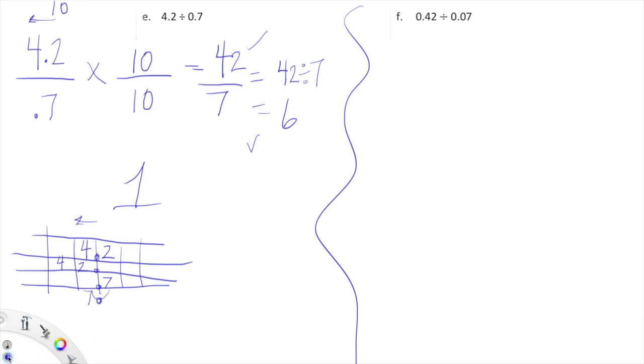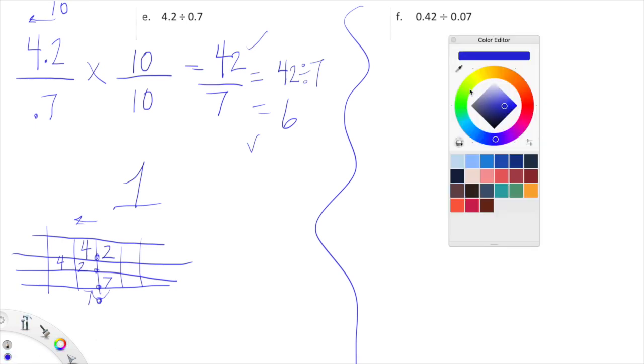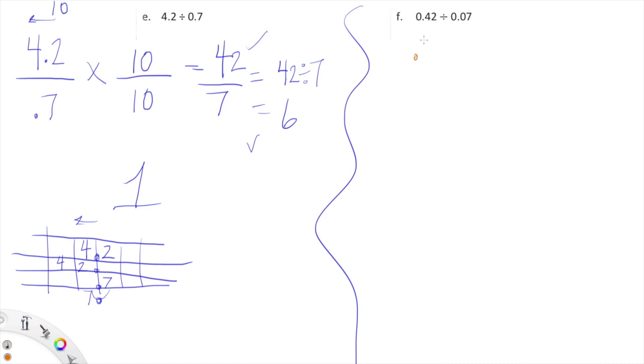Let's look at this one. I'll change colors. Here we're looking at 42 hundredths over 7 hundredths. So in order to shift these digits out of decimal form, first of all, the numerator and the denominator have to be multiplied by the same number, otherwise it would not be a fancy version of 1.